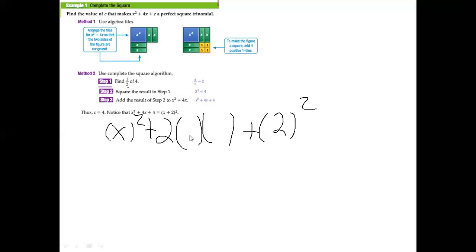And as long as the middle term is twice each of those things, so twice 2 times x, I know it's a perfect square trinomial. And it is, because 2 times 2 is 4, so that makes the middle term 4x. And it works out right. So I can write it as x plus 2 quantity squared. Now, how I know this is a plus instead of a minus is that this term right here has to be plus instead of a minus. Okay?